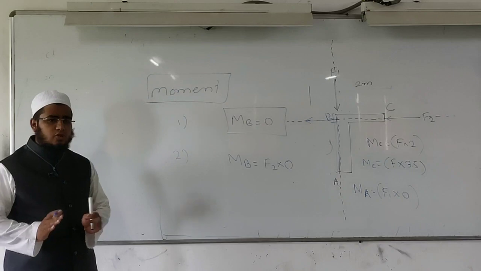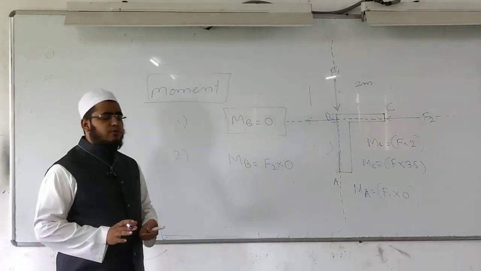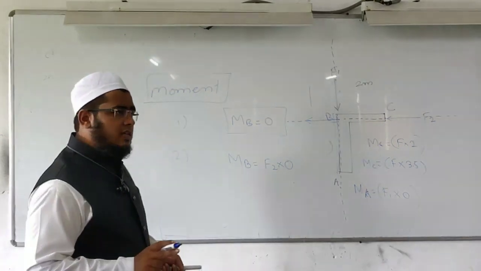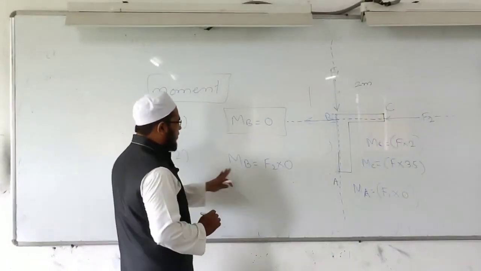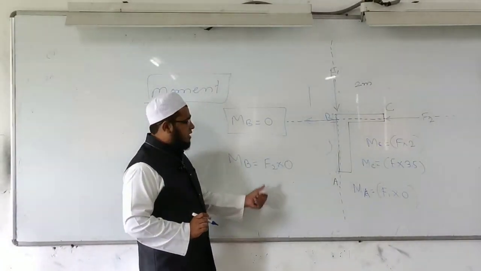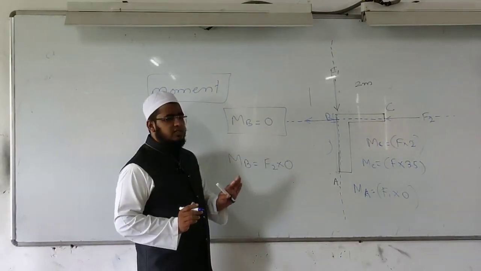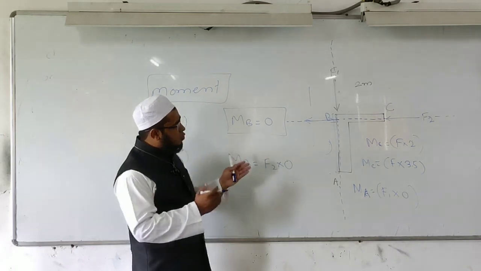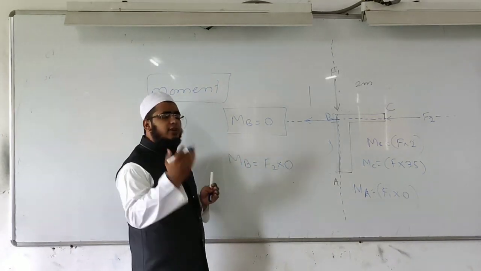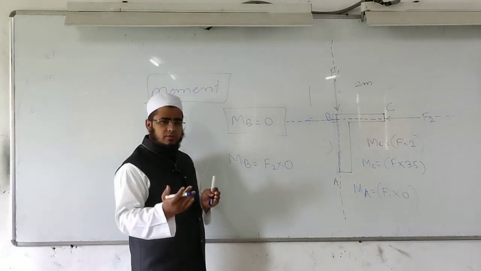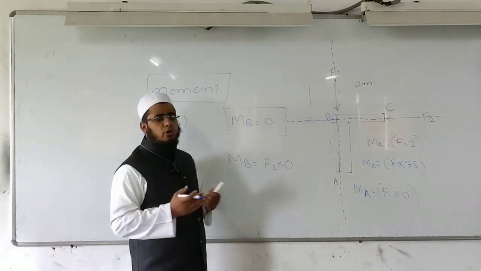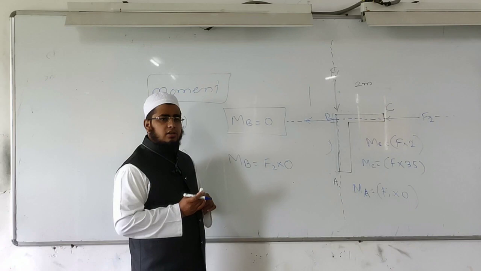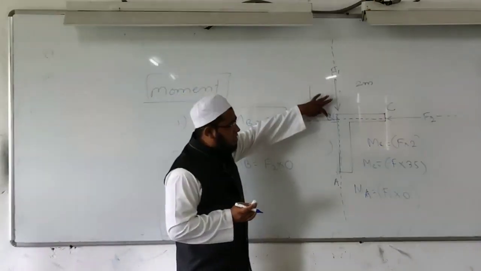These are very important cases. The moment will be 0 when the point of application of the force is the moment center itself, and in the second case, when the line of action of the force is passing through the moment center. Whenever the force is at a different position from the moment center, we have to see whether the line of action of that force is cutting the moment center or not.